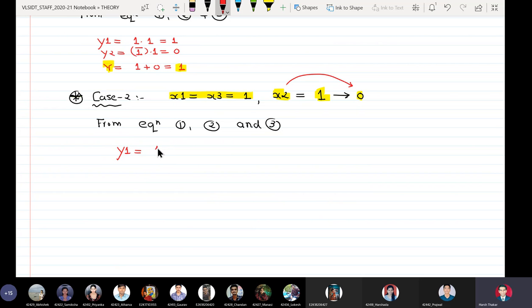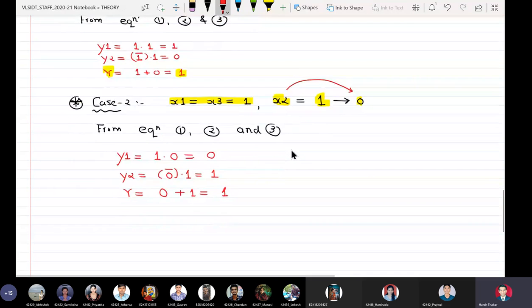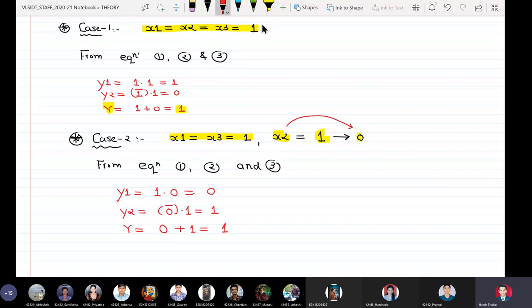So y1 is equal to x1 ANDed with x2 equal to 0. y2 is x2 bar, so it is 0 bar ANDed with x3, that is equal to 1, and y is now 0 ORed with 1 equal to 1. So in both case 1 and case 2, the output of the circuit has come out to be 1.